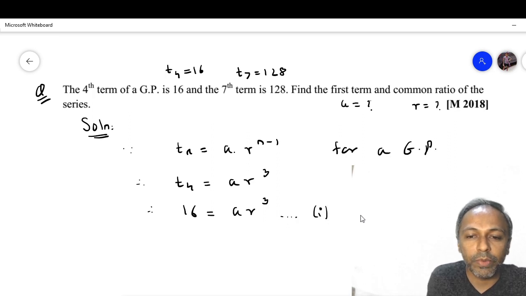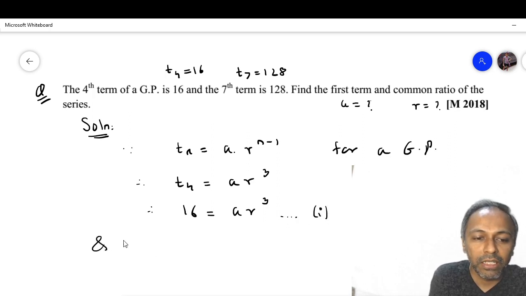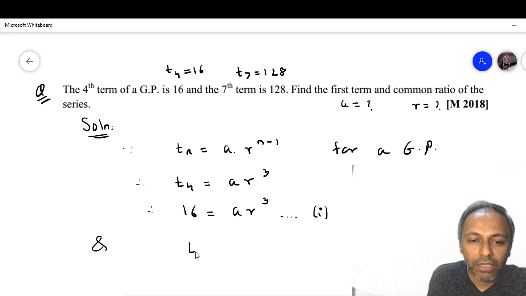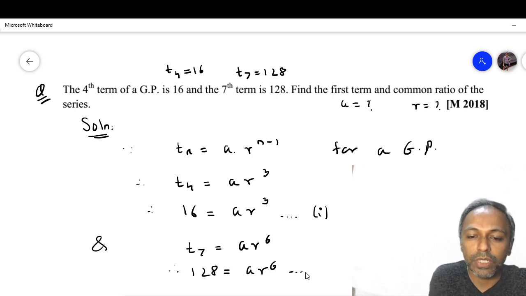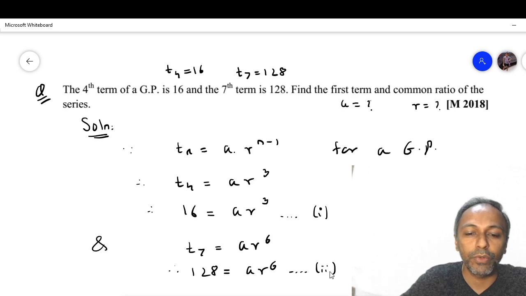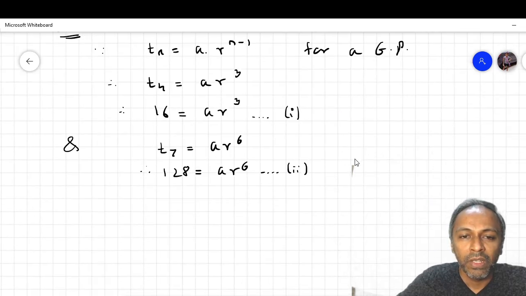Let us number this as equation 1, and we have T7. T7 is equal to A R raised to 6. Therefore 128 is equal to A R raised to 6, as T7 is given to you as 128.